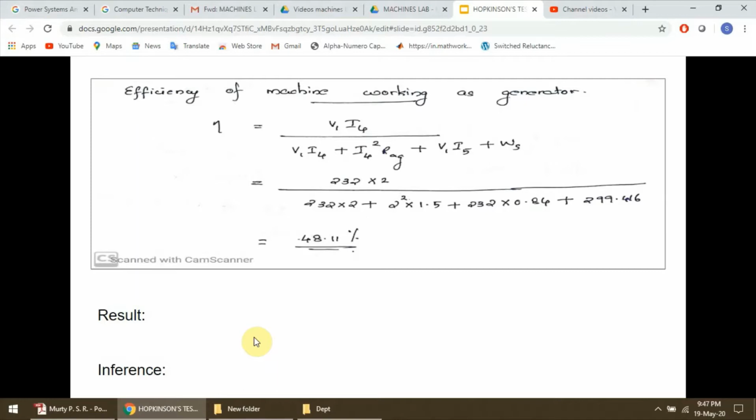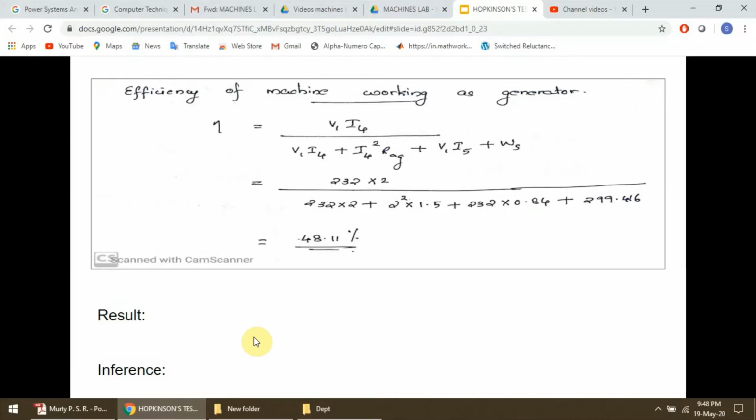The first thing we have done here is successfully demonstrate Hopkinson's test, and from the tabulated data, we have determined the no load rotational loss of the machine, which includes the friction, windage, iron loss and the stray loss. From the no load rotational loss, we have calculated the efficiency of the motor for different loading conditions, and we have also plotted the efficiency versus output graph for both machines.